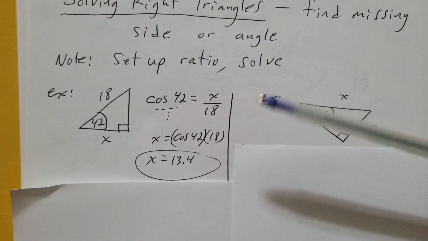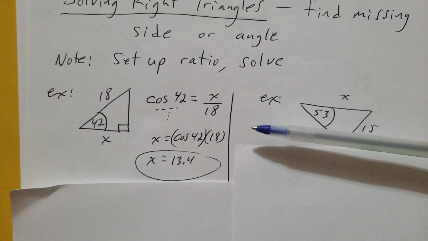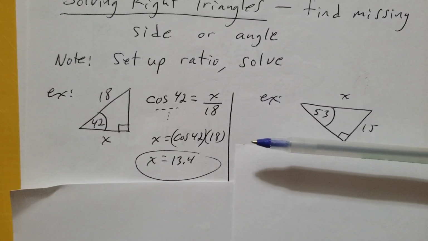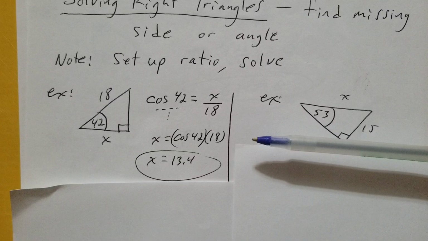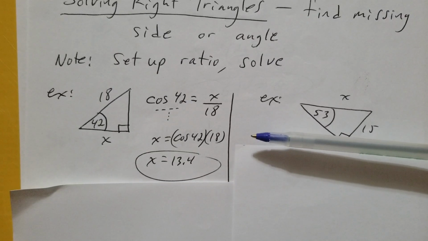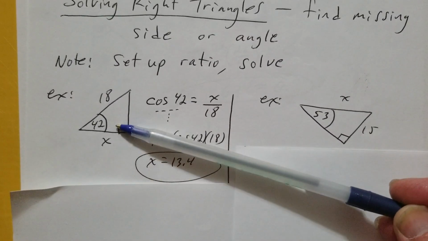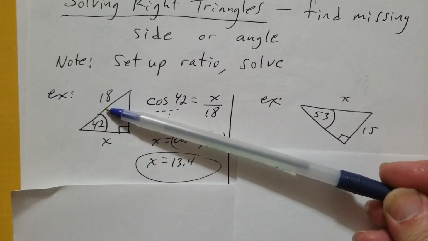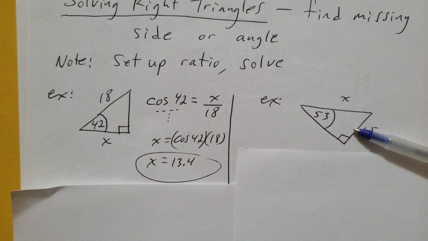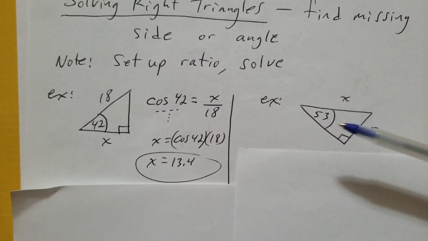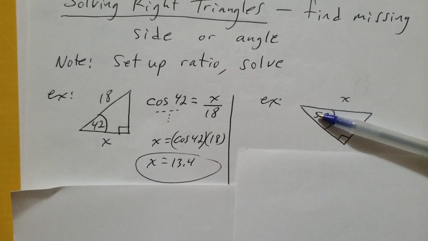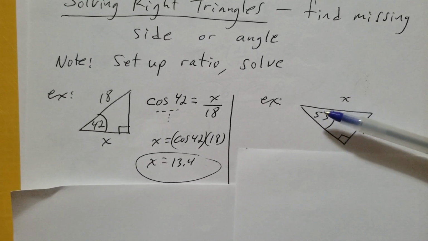So what just happened here? Well, it all comes down to picking the correct trig ratio. So you had to know, in this situation, we need to use cosine. How about in this situation? Well, let's look at it closely. Here's the angle. So am I going to use sine, cosine, or tangent?